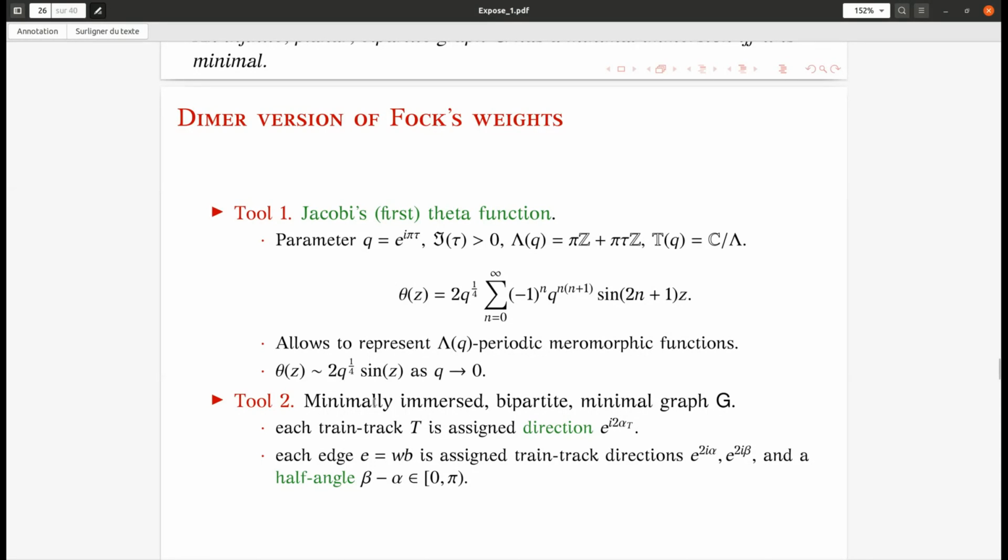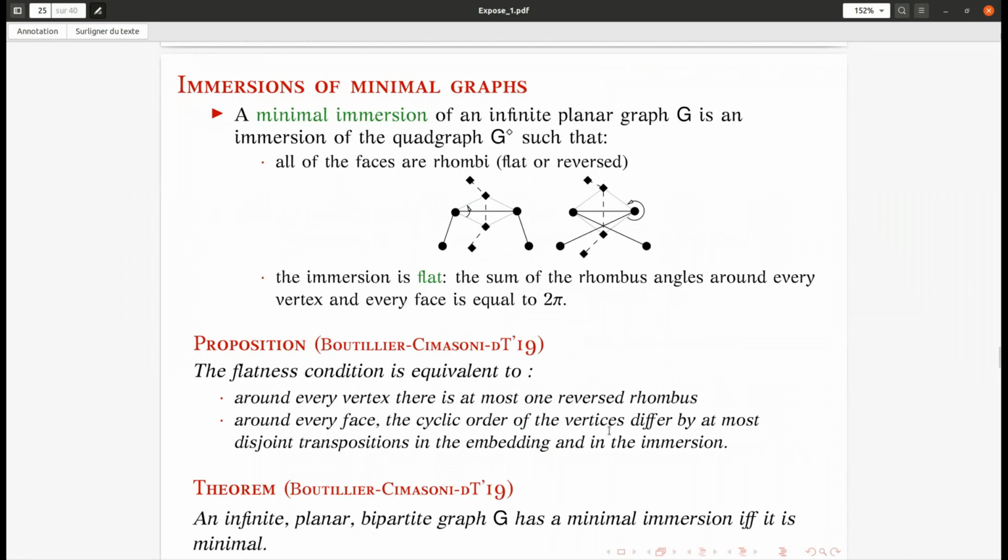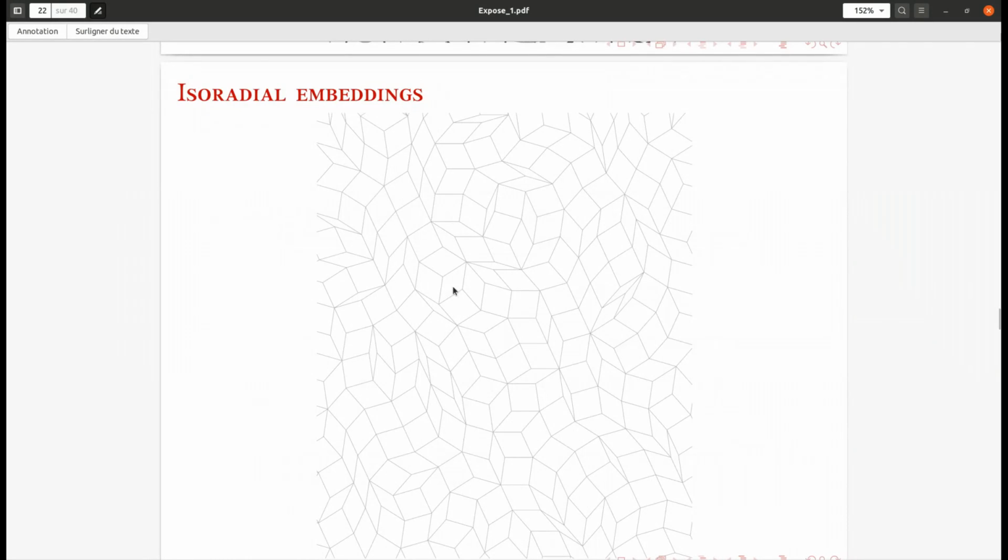Then the other tool is what I have introduced: a minimally immersed bipartite minimal graph. Once you have this immersion, each train track is assigned a direction e to the i 2 alpha t. When you have train tracks, if you can follow my mouse, you see you have a parallel direction that is shared by the train track.